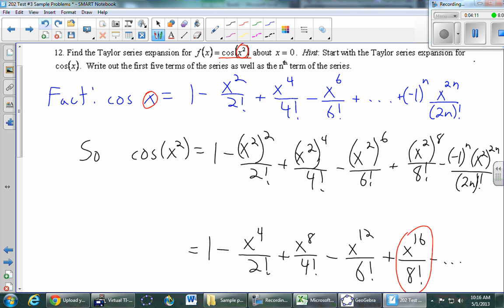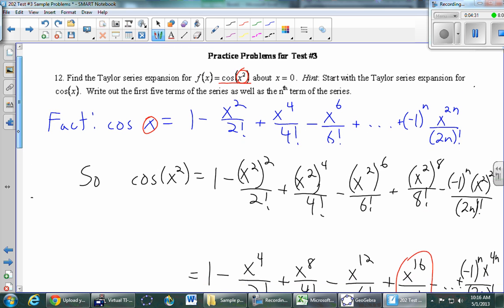And so our general term down here is the same thing, negative 1 to the n, x to the, and then the power up there is 4n, divided by 2n factorial. And I think that's it. That's our general term. It's the last thing we just wrote.